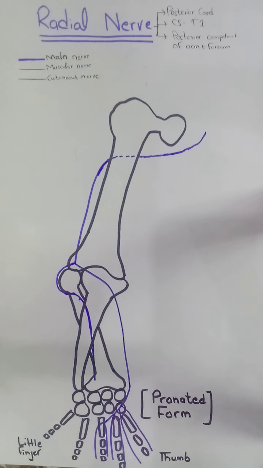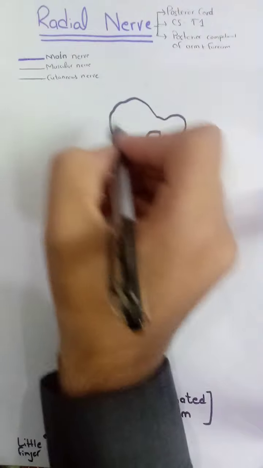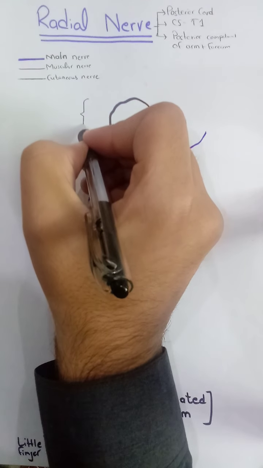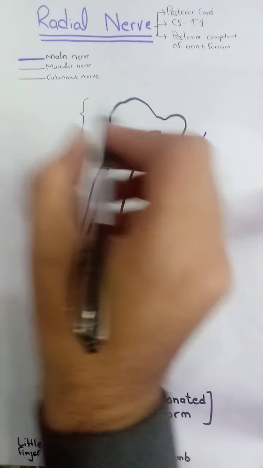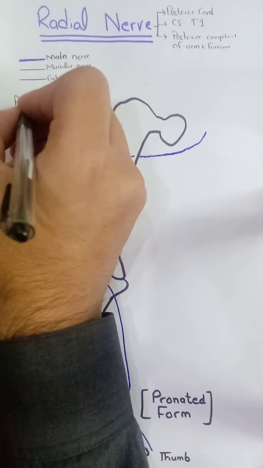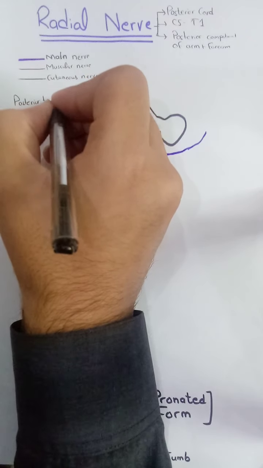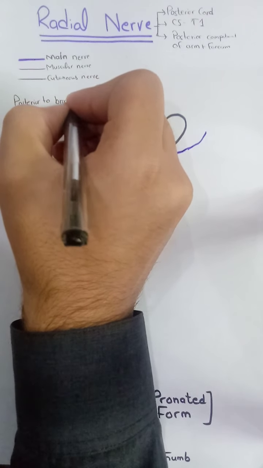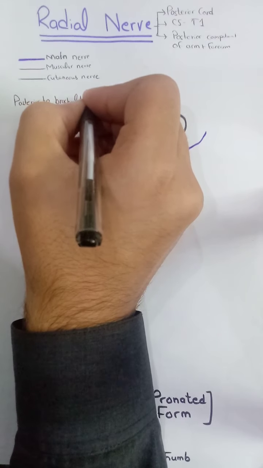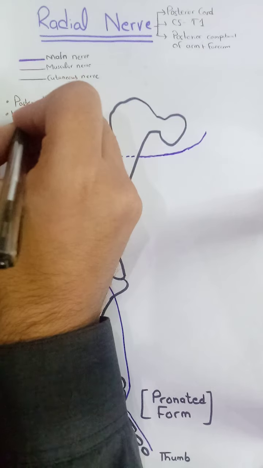So first of all, you must know that this is the point where it is entering the arm. It is posterior to the brachial artery, and it will be medial to humerus.